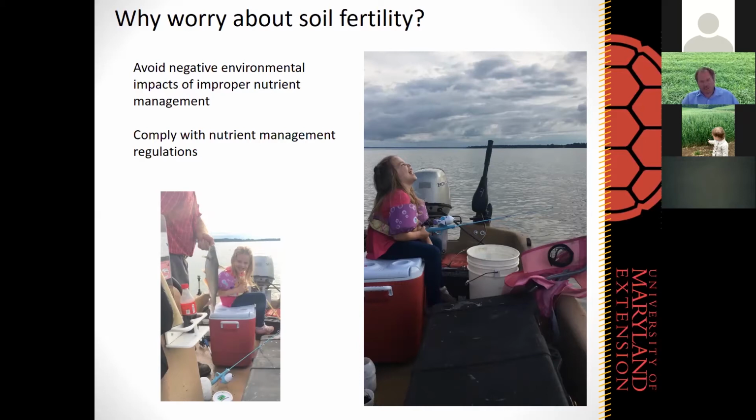Forage systems actually are some of the best perennial systems, in particular for maintaining soil quality and building healthy soils, and can have a very positive environmental impact. But we need to make sure that we manage that correctly.